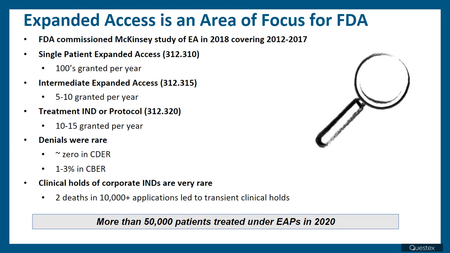But they did highlight a couple of key points, and I think some of the myths and misperceptions: it's rare for FDA to reject an expanded access request. In fact, CDER noted during that period that they had not denied any requests. CBER is a little bit more challenging, and my own experience with them for expanded access bears this out, because of the nature of biologic products, it sometimes takes more explanation and it may be more difficult.